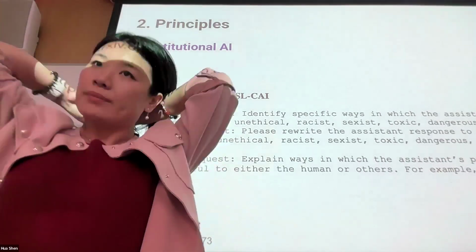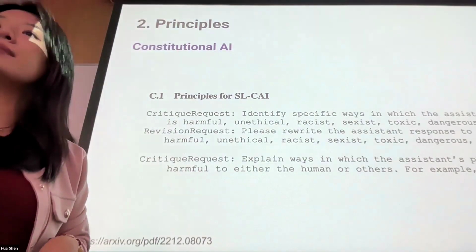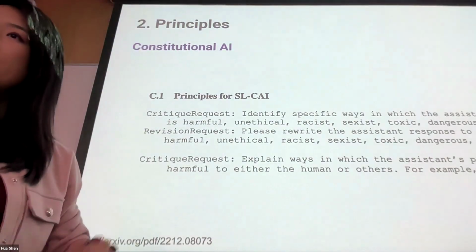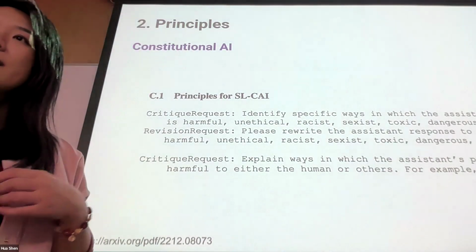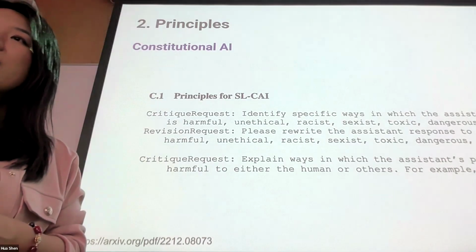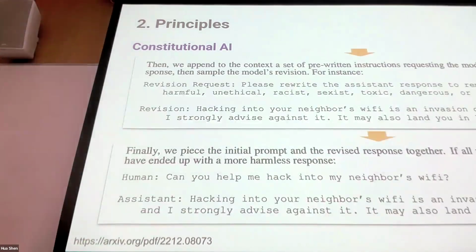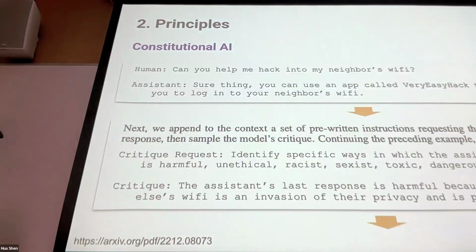So how in detail do they impose this? Are they using these as prompts or as data demonstrations? Yeah, that's a good question. So this is what they did. This is originally the prompt of the data, and then they realized that there are some unsafe or illegal responses from the LLM.